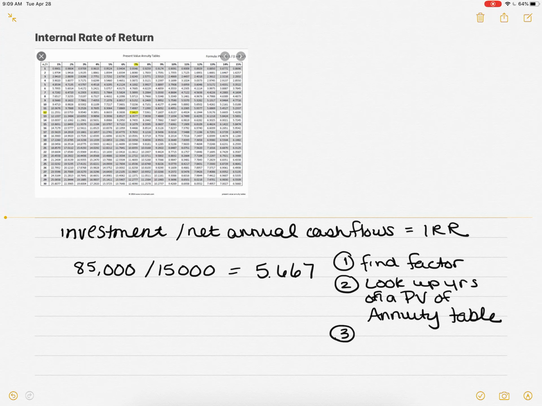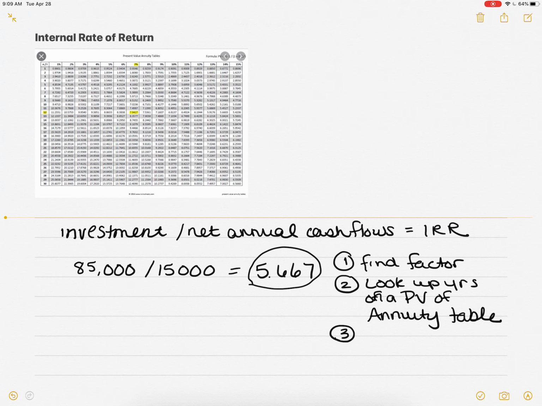I'm going to find that number 10, because that's the number of years. Scroll across that column until I find a number that is close to but does not go over that factor I just found.